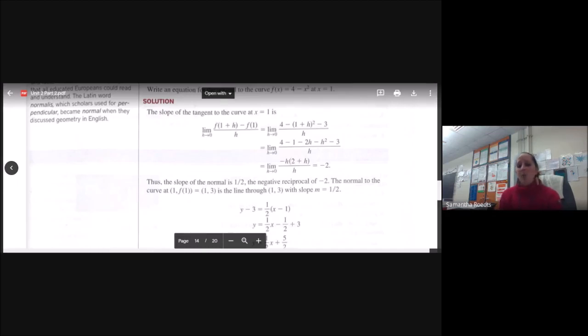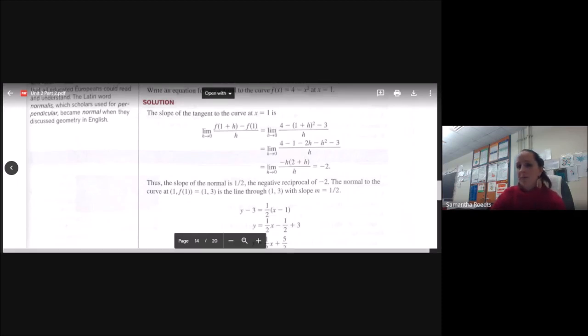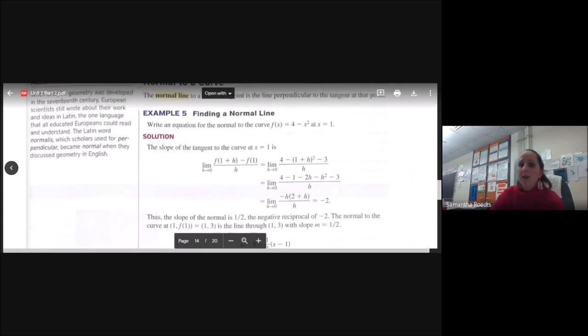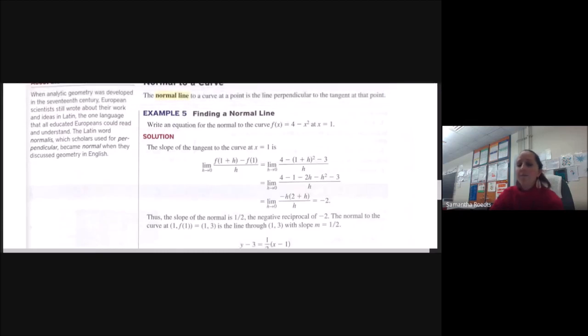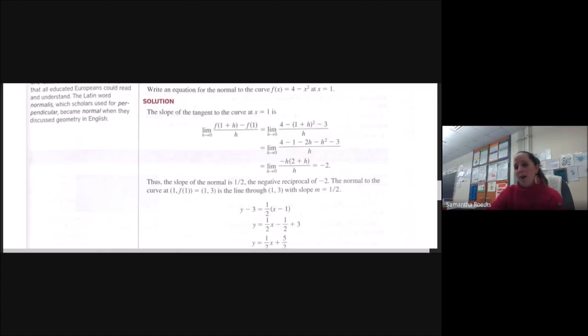So the limit as h approaches 0 of f of 1 plus h minus f of 1 over h equals the limit as h approaches 0 of 4 minus 1 plus h squared minus 3. I substituted 1 plus h and 1 in. When I simplify this, I get 4 minus 1 minus 2h minus h squared minus 3, which gives me negative h times quantity 2 plus h.